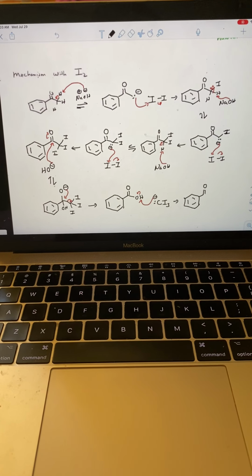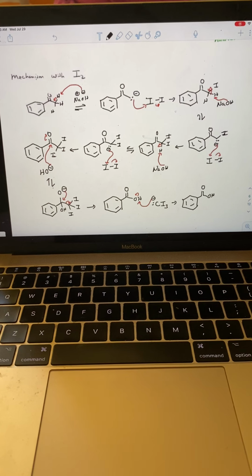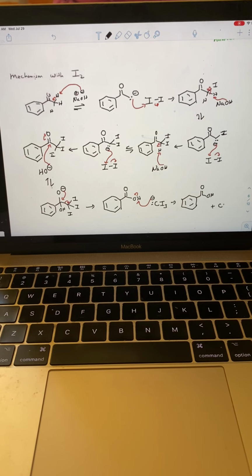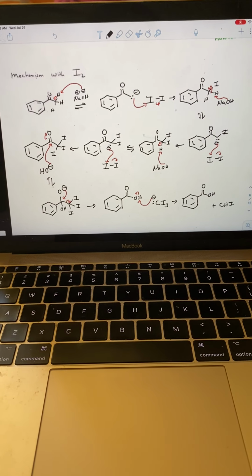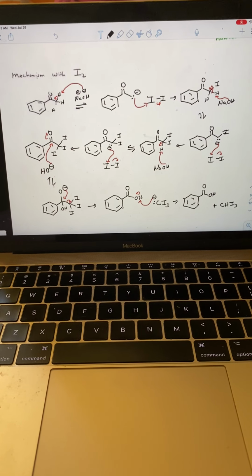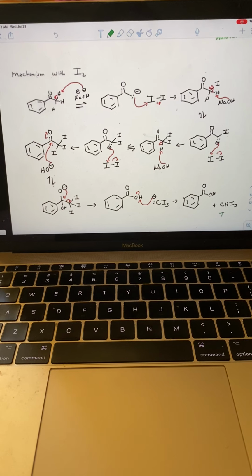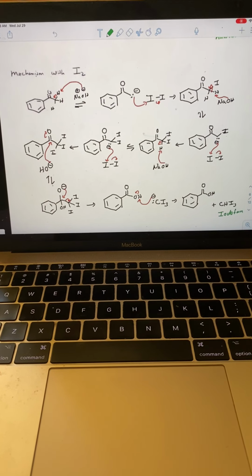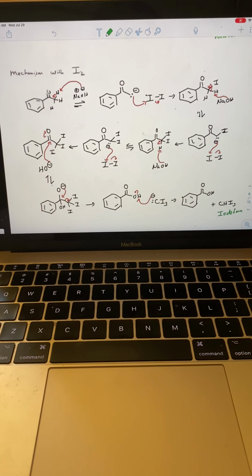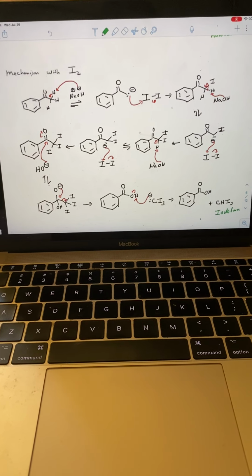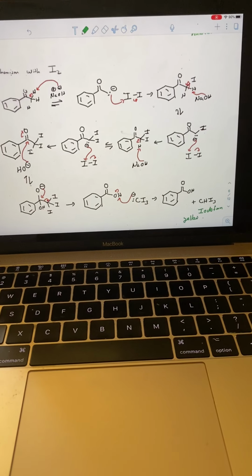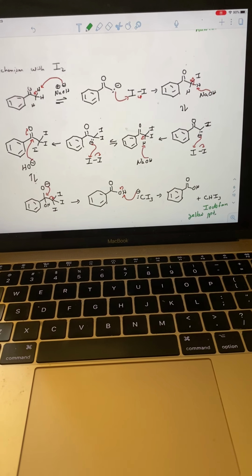Which now generates a carboxylate, plus, we'll write this in the more conventional way, CHI3. So the CHI3 is iodoform. What's useful about this if you carry out this reaction is that this iodoform generally forms a yellow precipitate, so a nice bright yellow precipitate.